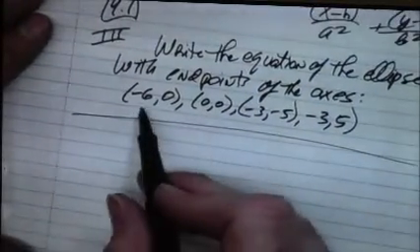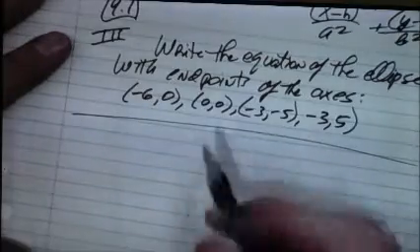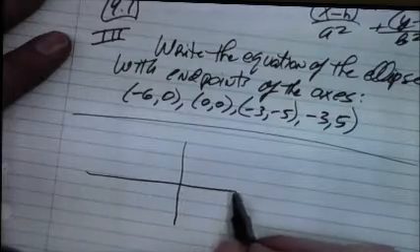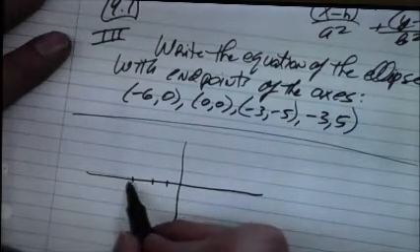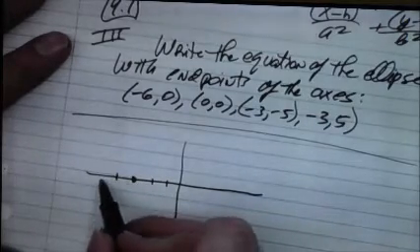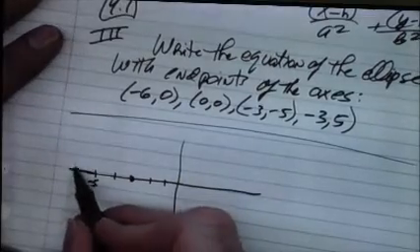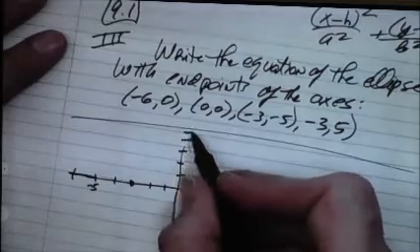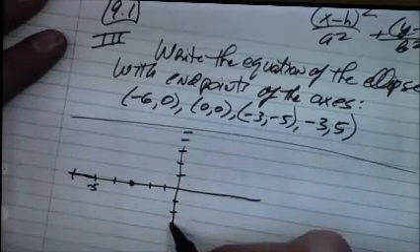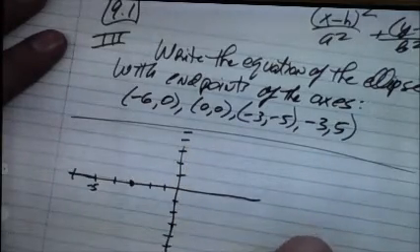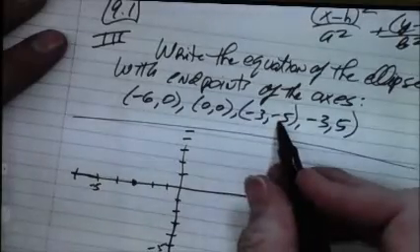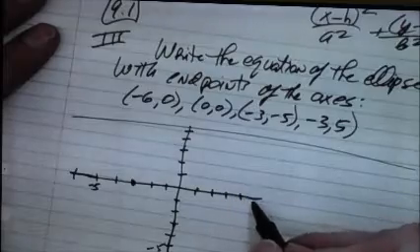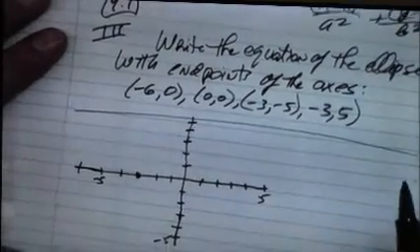So I'm going from -6 to up and down 5. Let's do a basic graph here. Go 1, 2, 3, 4, 5, -5. So that's -6. Then go 1, 2, 3, 4, 5, and +5.